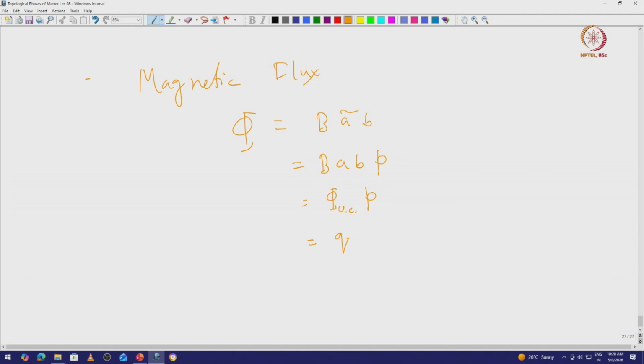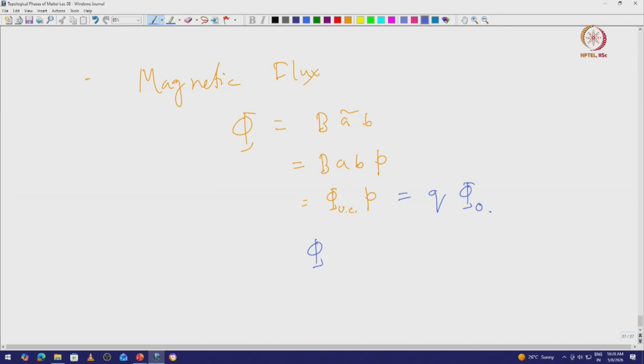Actually, yes, I think this is equal to q flux quanta.